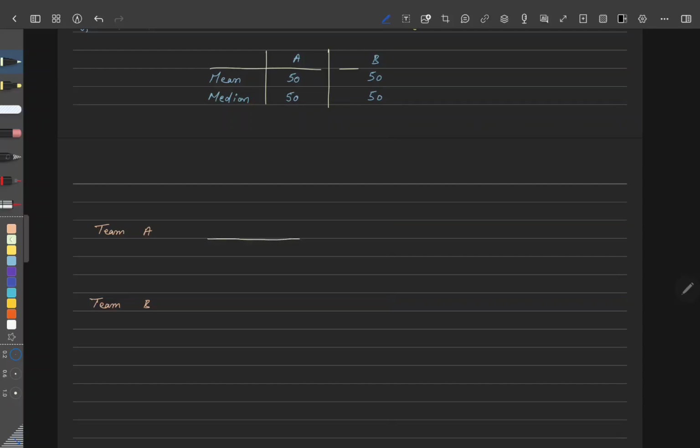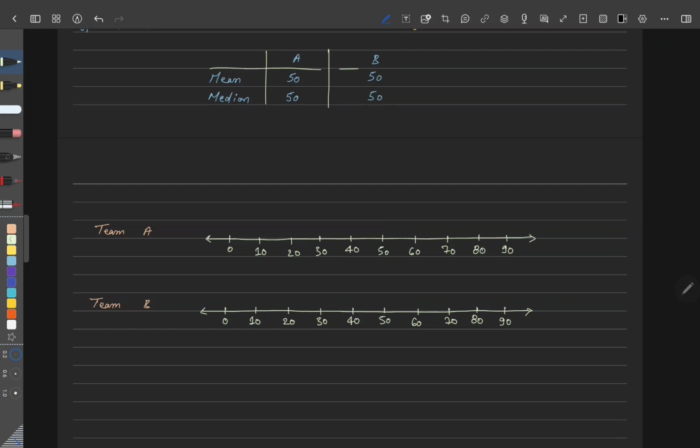Okay, this is one line. This is another line, and we simply plot some scale: 0, 10, 20, 30, 40. So these are the two lines that we have plotted along with some measurements. Okay, some measuring scale basically, and then we plot the actual data points on this line plot.